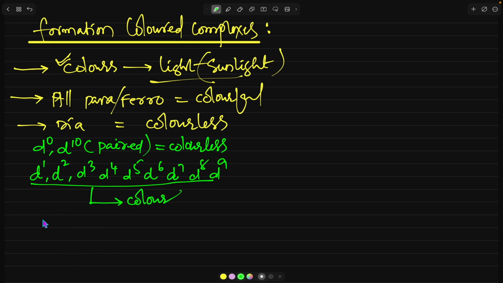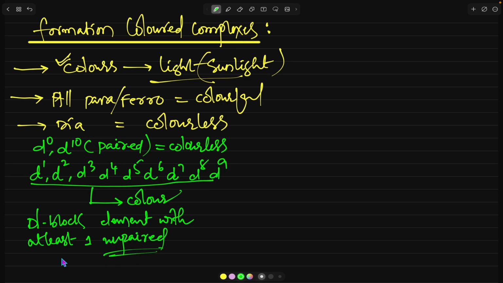So all I can say is that a D block element with at least one unpaired electron shows the color.